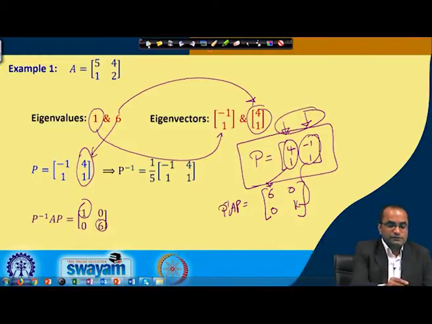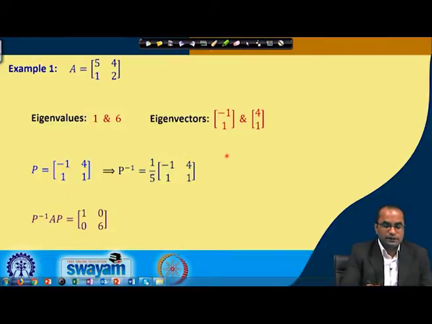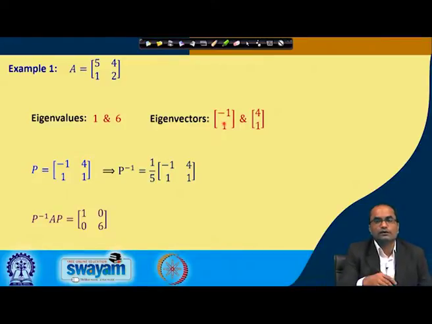The second point which needs to be mentioned is that the eigenvector is not unique. We can multiply minus 1, 1 by any number, and that will also be an eigenvector. Again, 4, 1 we can multiply by any scalar, and that will also be an eigenvector, because eigenvectors are not unique.